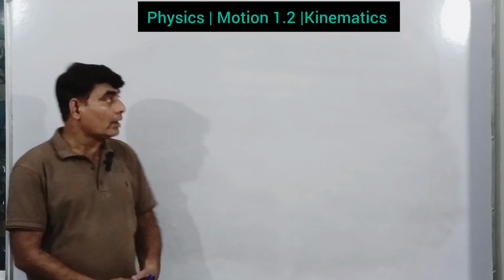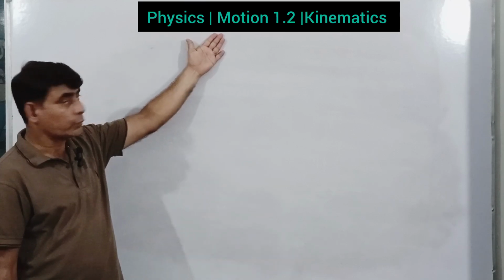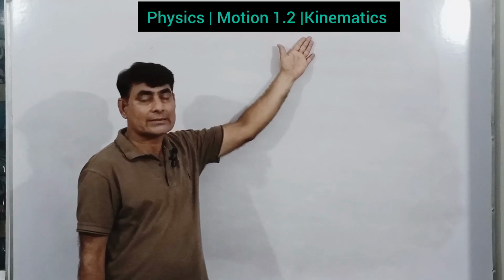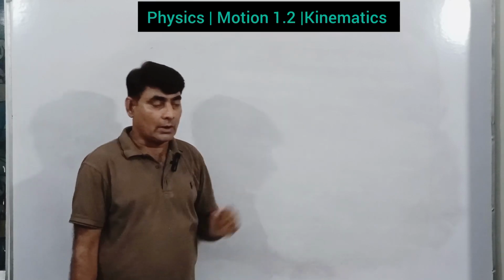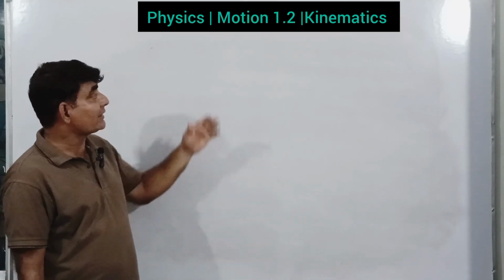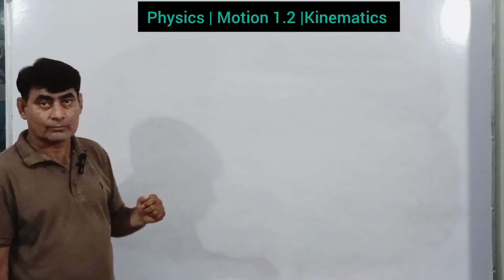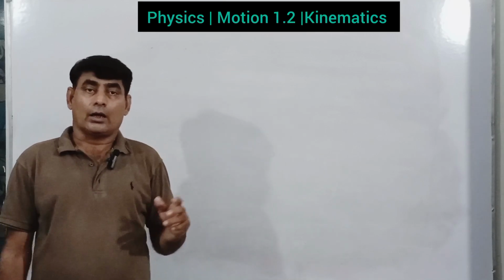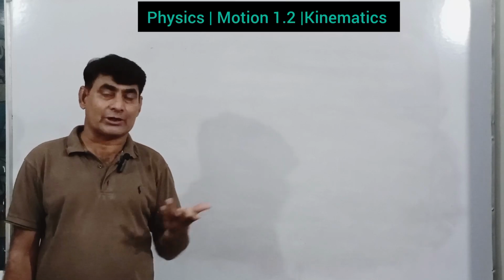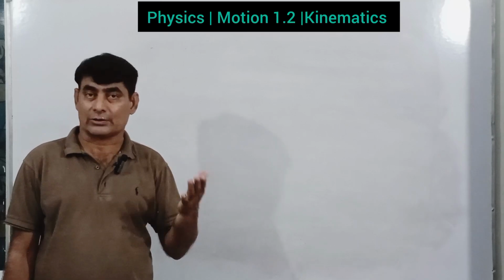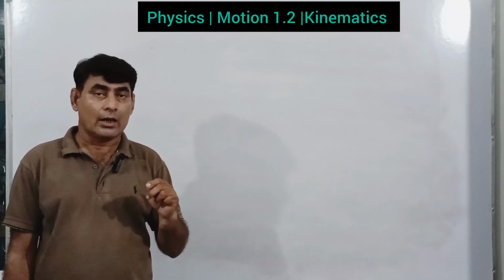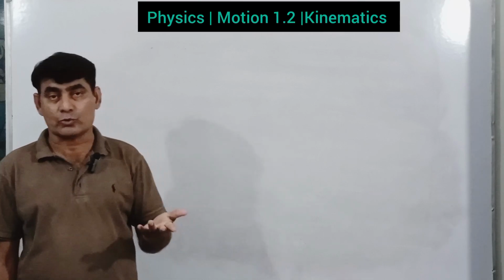I'm Sarifat Ali, and last time we discussed motion 1.2, physics, kinematics 1, and we discussed what kinematics is: just to describe motion and characteristics of motion, without knowing the cause of motion.